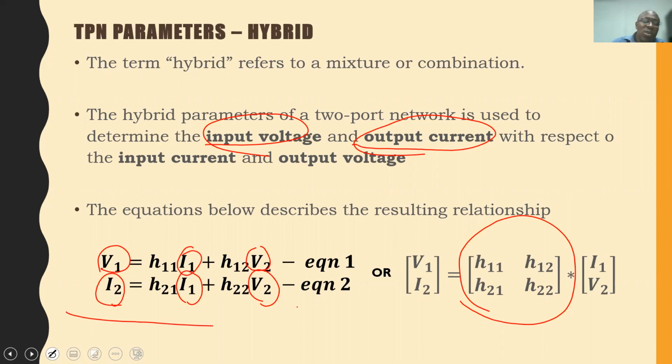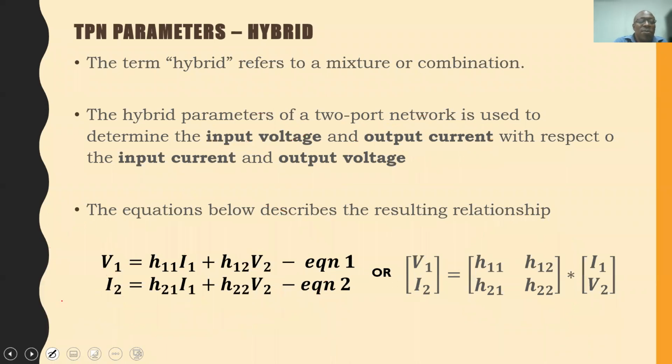So if we apply superposition to these equations, and again, we know how to make each of these variables zero, let's start with H11. For me to get H11, it means that I'm going to make V2 zero.